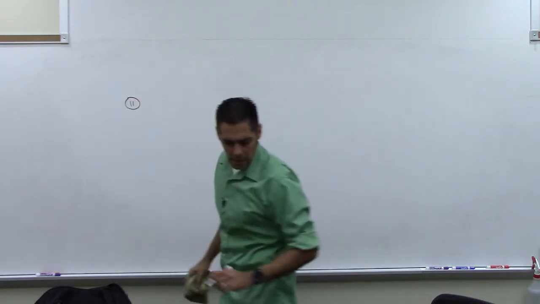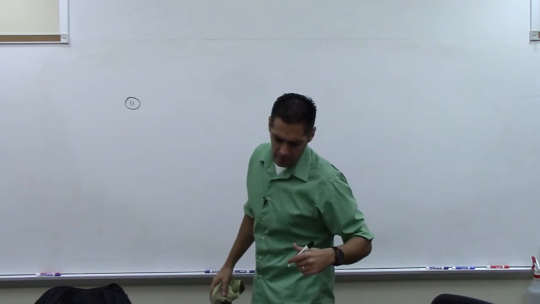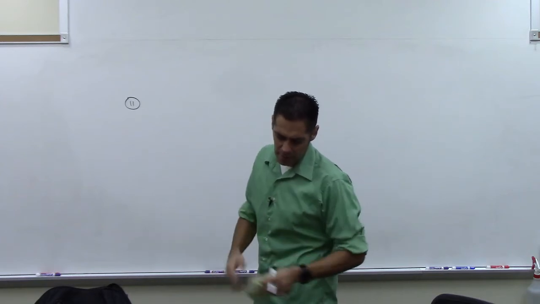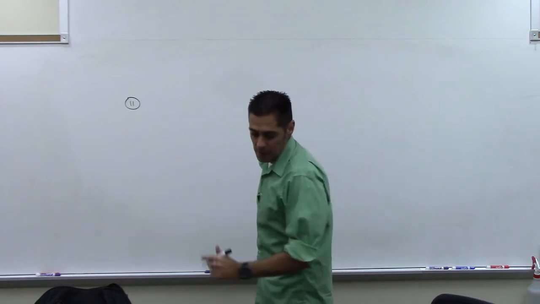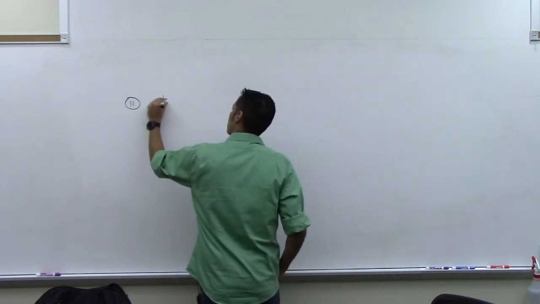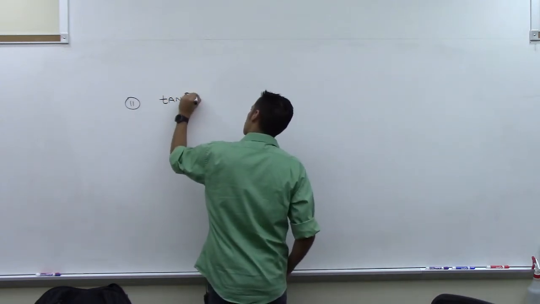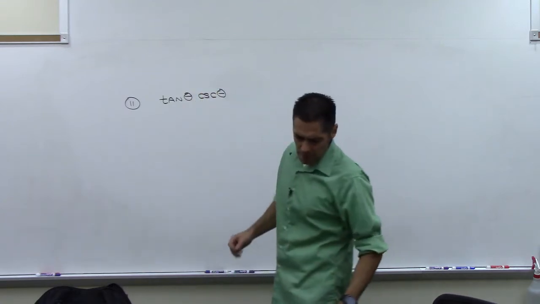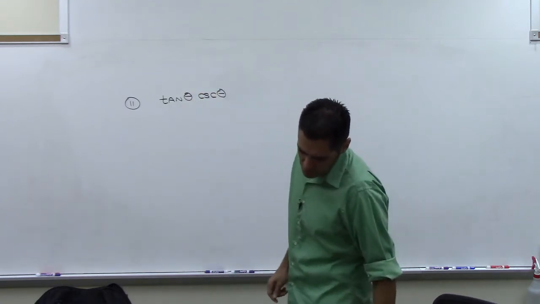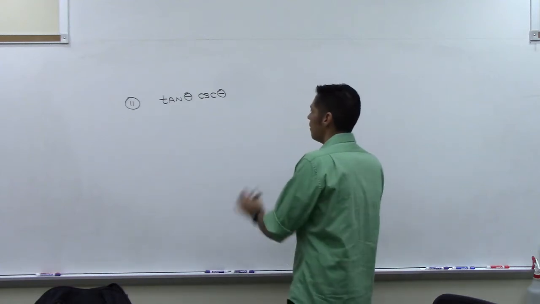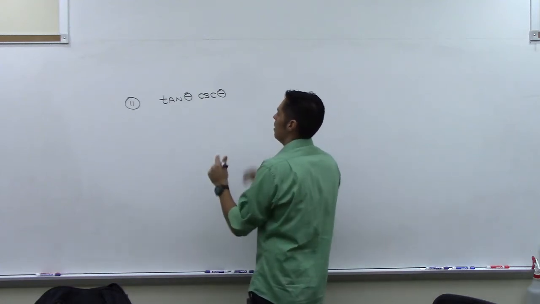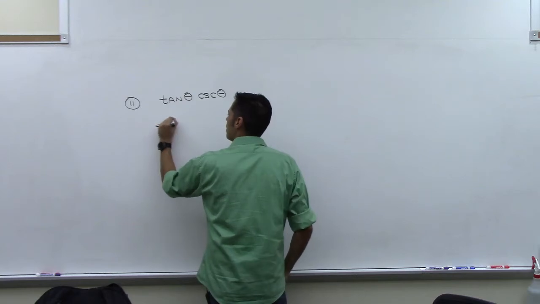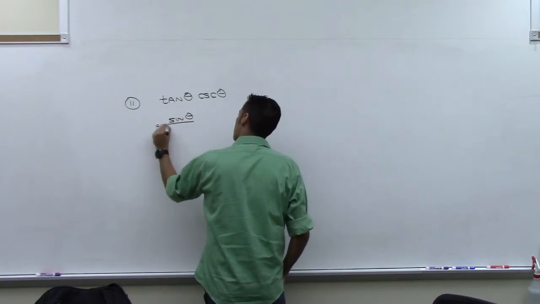So number 11 through 19, the ones I'm going to do, are just getting us ready for the things we're going to need later. So it says to take tangent theta times cosecant theta, and they say to rewrite this in terms of sine and cosine. So we want to get rid of tangent and cosecant, just have sines and cosines here. So I'm going to rewrite tangent of theta as sine theta over cosine theta.